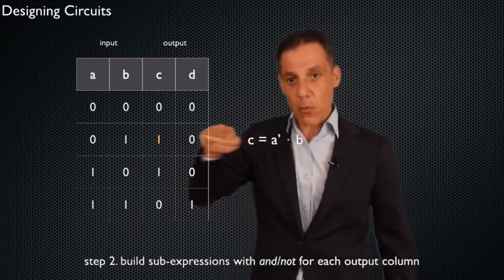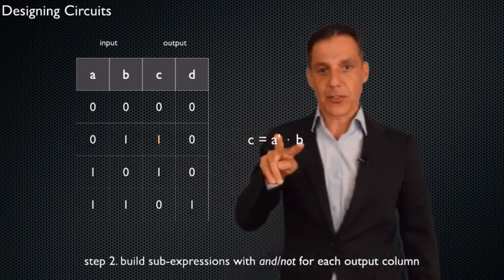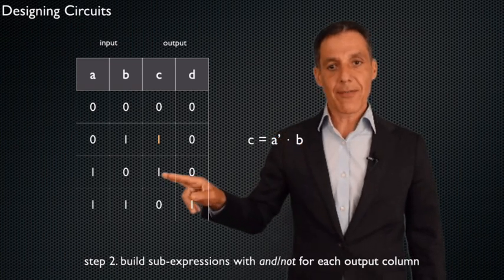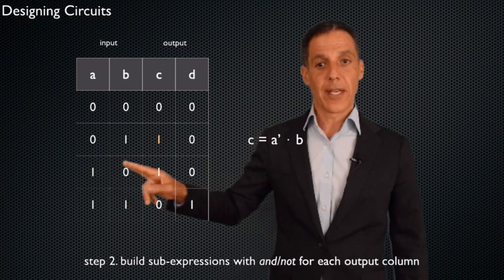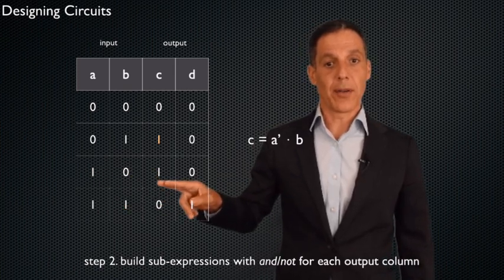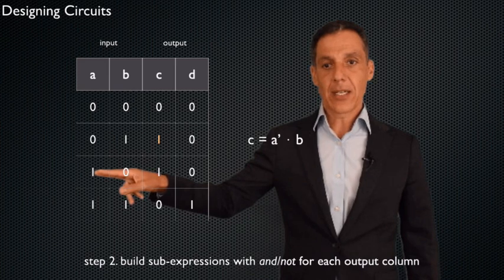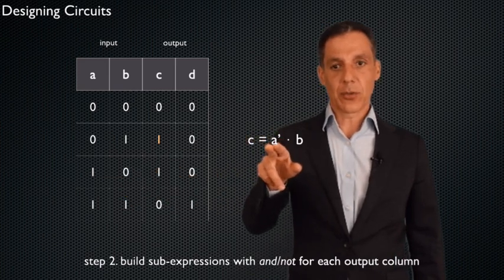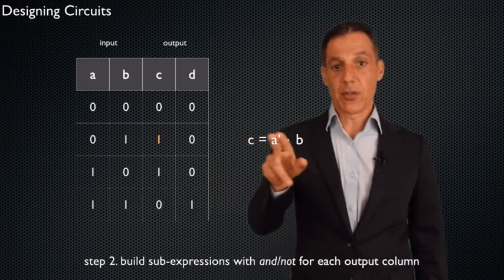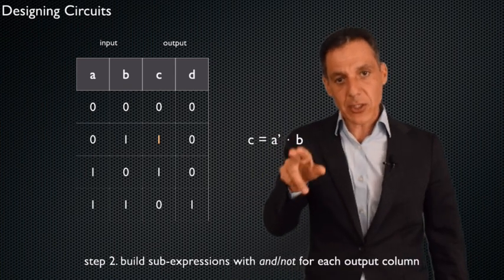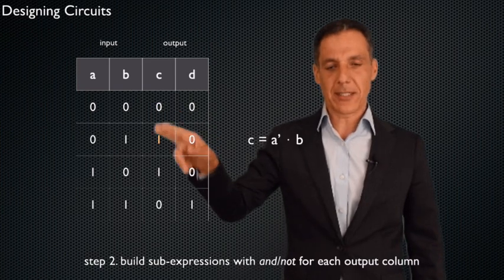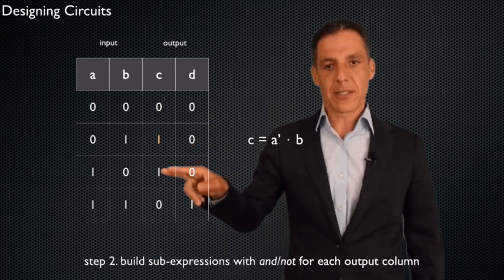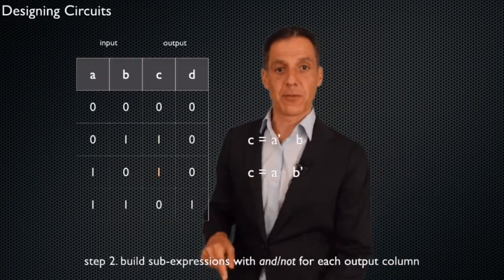I've captured that one row right here with this little sub-expression. But notice I have another one I have to capture. I also care when A is 1 and B is 0, my output should be 1. Well, if I put A, 1, into here, that goes to a 0. B goes to a 0, that's not 1. So this little sub-expression doesn't help me here. It sort of helps me here, we'll get back to that in a minute. It sort of helps me here, but it doesn't help me here. I need another sub-expression for there.